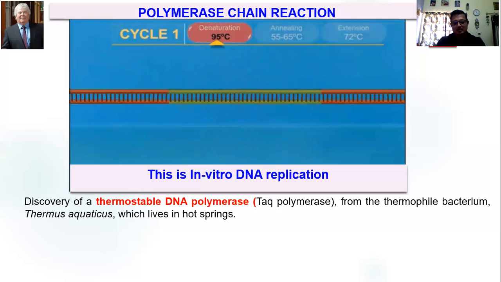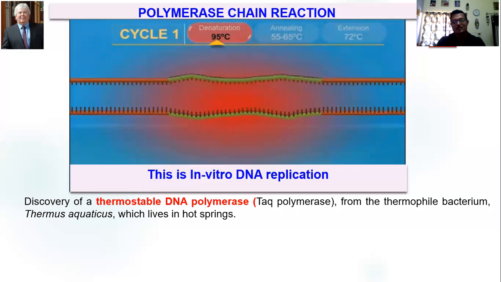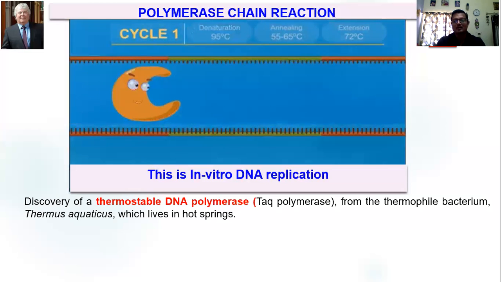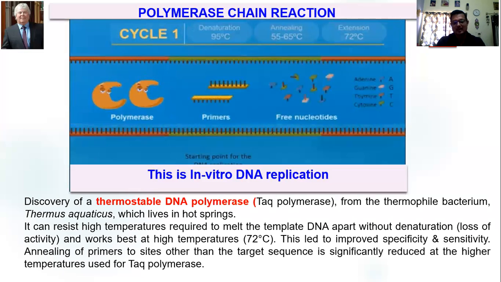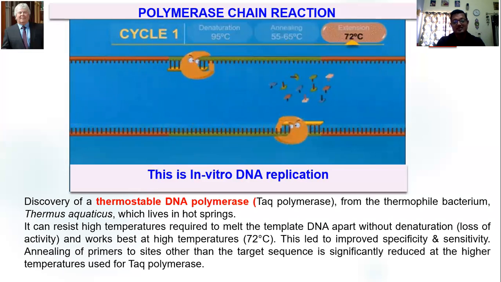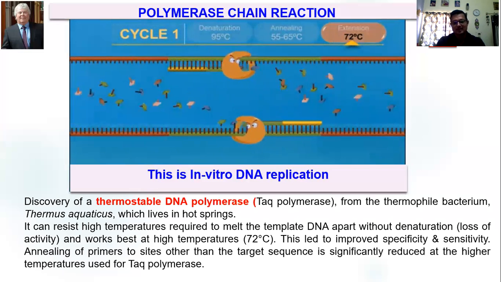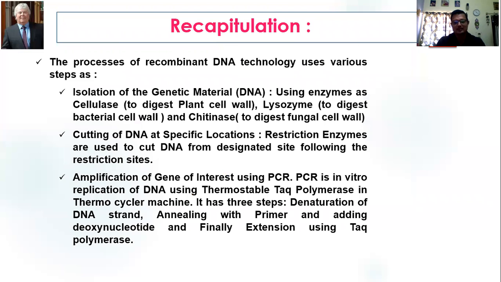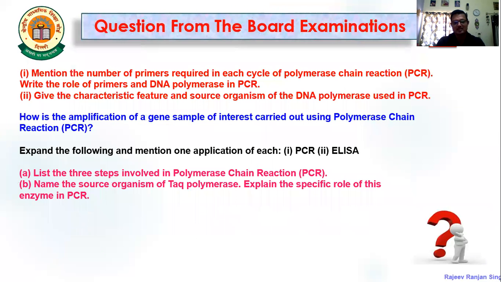And the credit goes to the thermostable DNA polymerase obtained from Taq, which can resist high temperature, and it does not lose its activity even at higher temperature, and the best working temperature is 72 degrees.